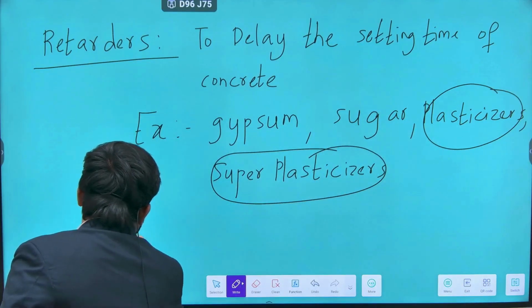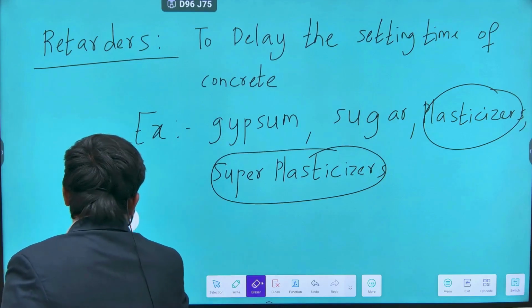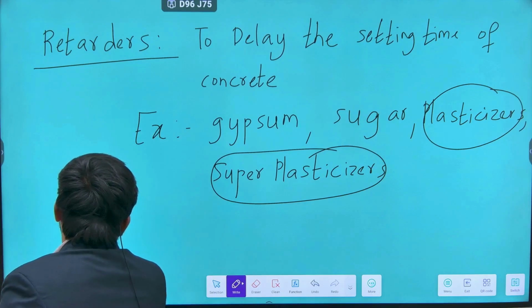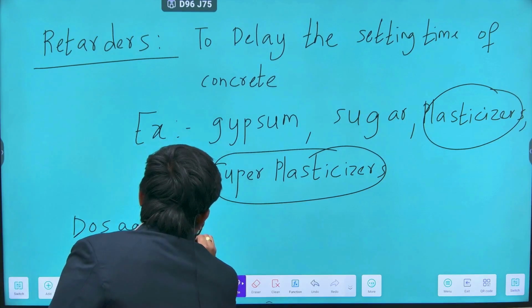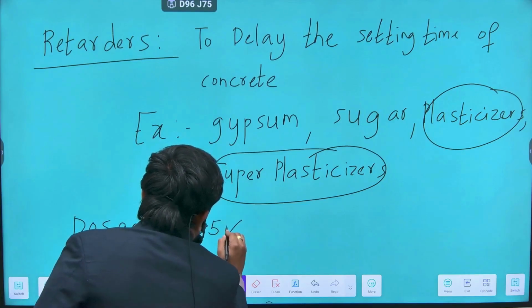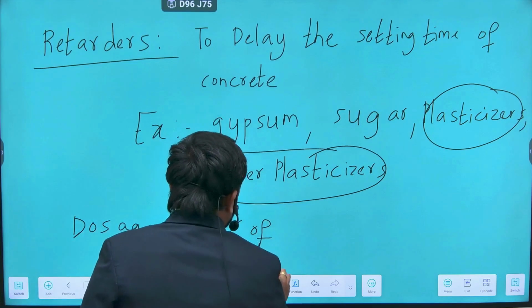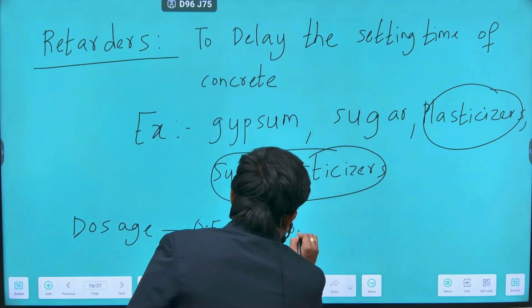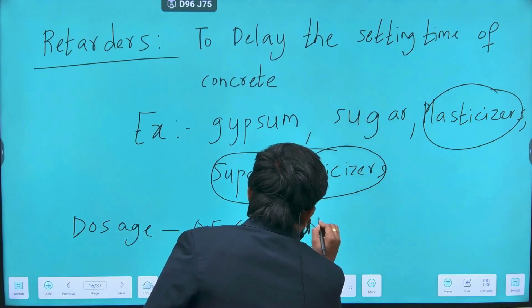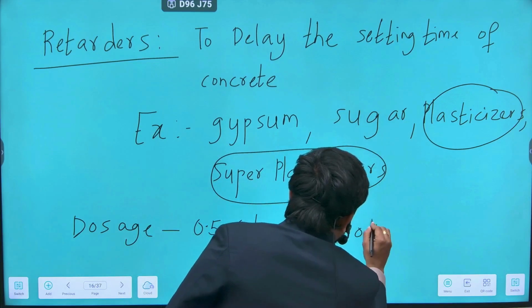So what is the dosage? What is the dosage of retarders? 0.5 percent by weight of cement.